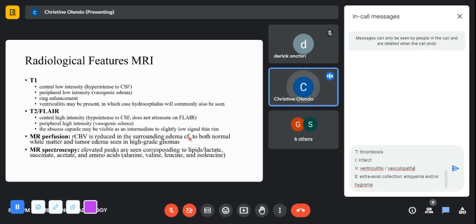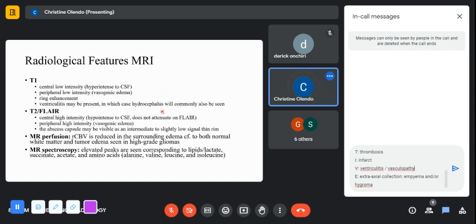On MRI, on T1 weighted images, you'll see that the center is low in intensity, but hyperintense compared to the CSF. The periphery will be low intensity as well due to the vasogenic edema, and there will be ring enhancement, and ventriculitis.